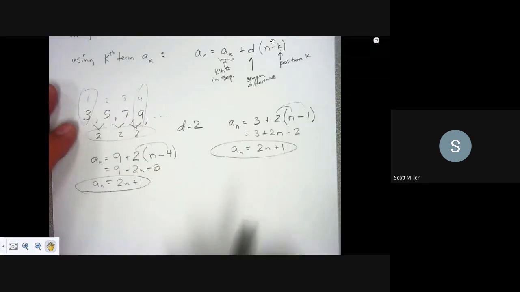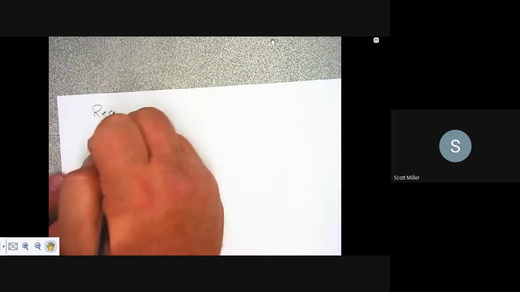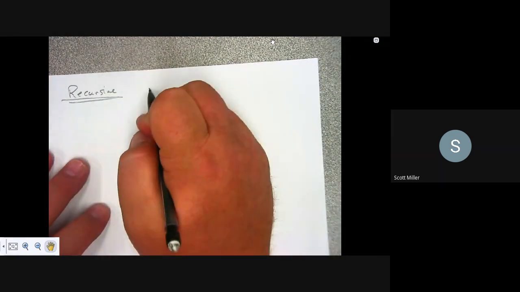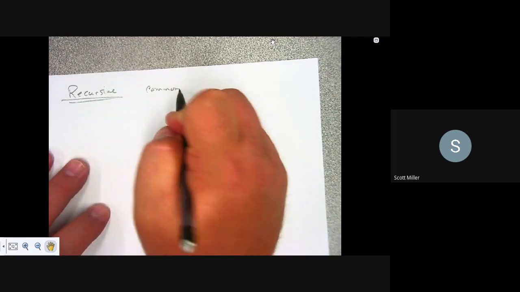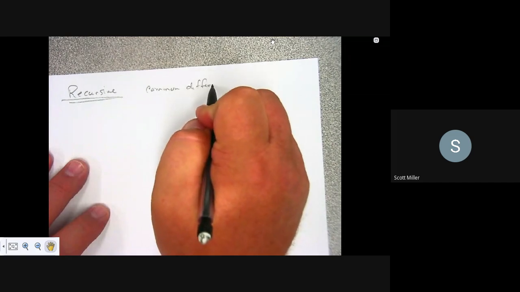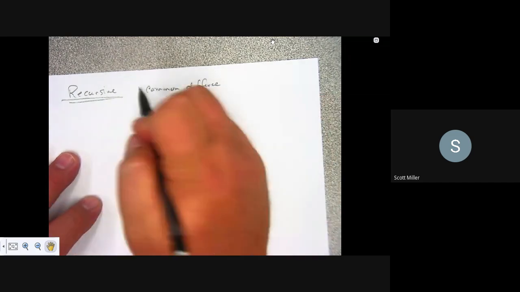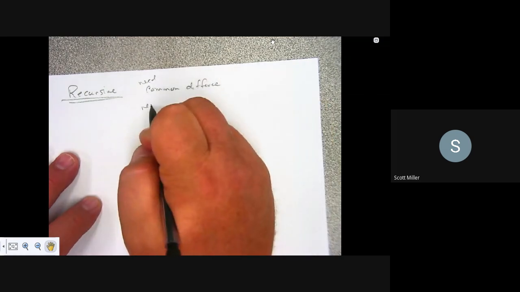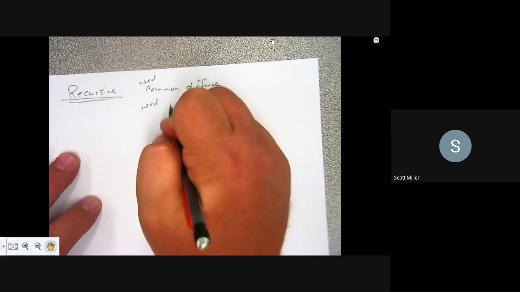So what's recursive? How do I do that one? So the recursive rule is based off of a pattern. I still need the common difference. So you have to determine that it is indeed arithmetic. So I need the common difference, and I need position 1.